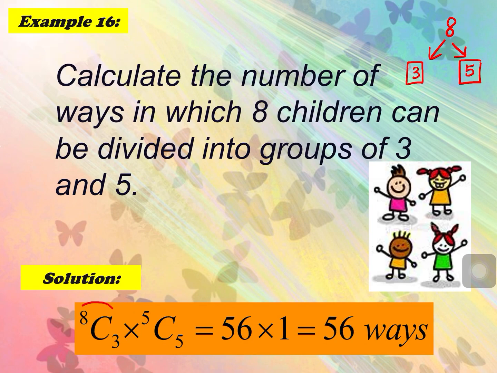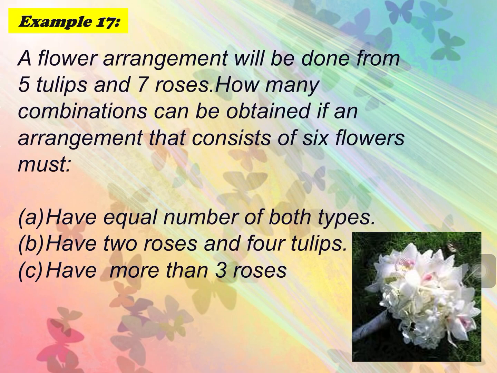So what's the solution? 8C3, we pick only 3 students first, the first group, and, because we are using all the children, multiplied with 5C5. So we have 56 times 1, so there are 56 ways. Make sure 3 plus 5 equals 8, to confirm that we are using all the children in this case.